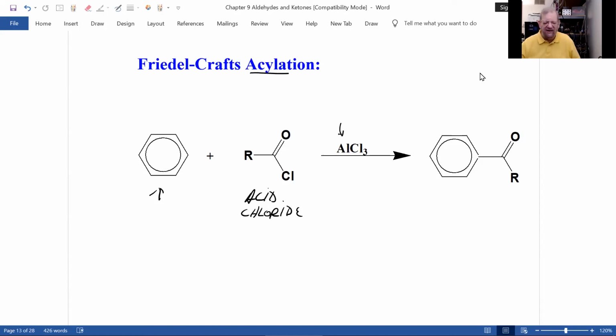Just like a carbonyl group, and this I really won't go into that much. When you have a carbonyl with an R group bonded to something else, this is called an acyl group.